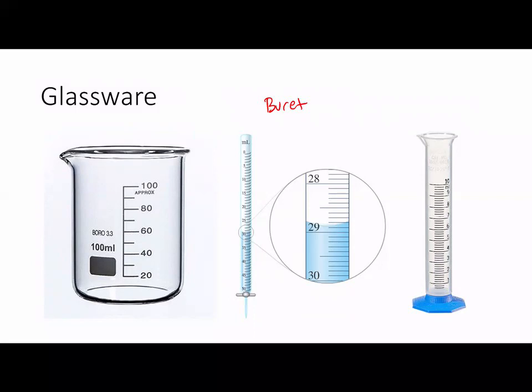Notice how there are 9 markings in between each one of the numbers. So we know that this volume is somewhere between 28 and 29 milliliters, but we can get more precise than that. We can actually say that this volume is between 28.8 and 28.9 milliliters by looking at the bottom of the meniscus, which is just above the 28.9 mark.